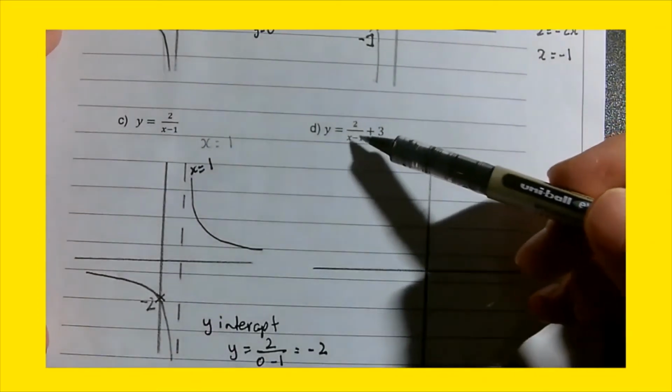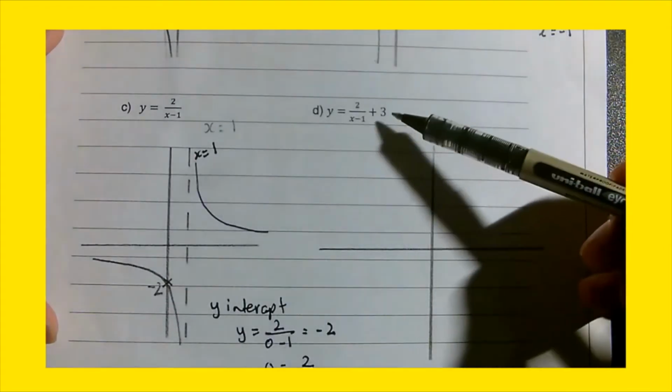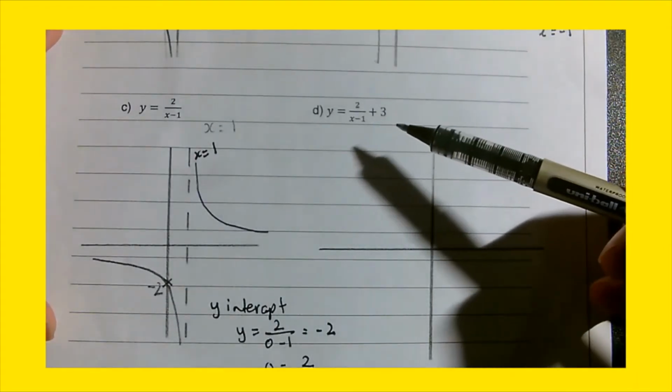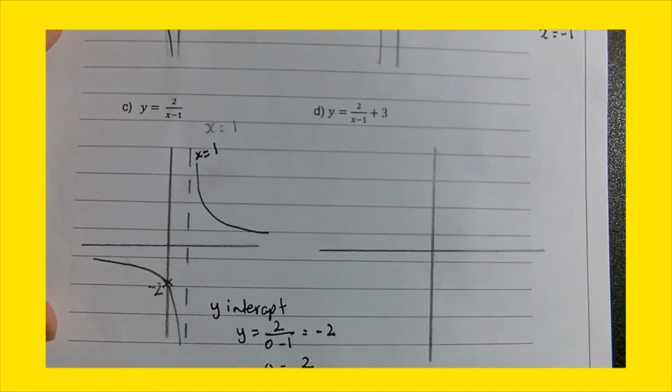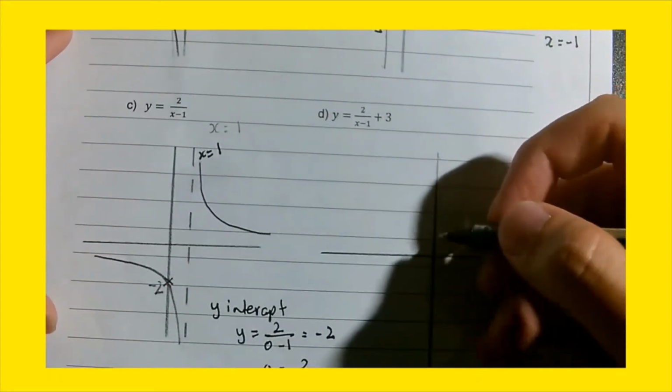Similarly, if I've got 2 over x minus 1, I know what that graph looks like, then everything in terms of y will just go up by 3. So instead of having -2 as a y-intercept, when you add 3 to it, you're going to have 1.